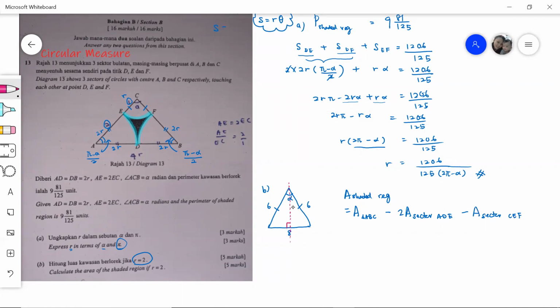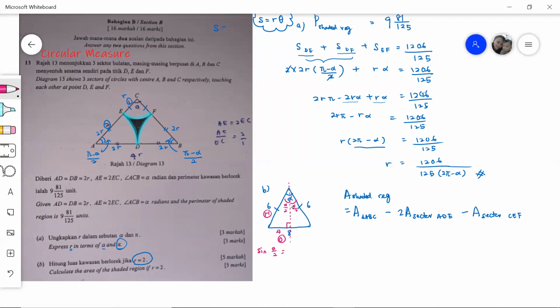So we will have 2 right angle triangles, whereby the angle is alpha over 2, because it divides the triangle into 2 equal parts. So 4 is the opposite to our alpha over 2, and 6 is the hypotenuse because it is opposite to 90 degrees. So we use sine alpha over 2 to find the value of alpha.